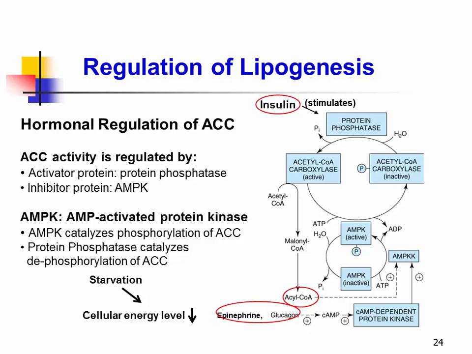So insulin increases phosphatase activity and leads to dephosphorylation of ACC, right? So then it activates ACC. So this is sort of the mechanism of how insulin regulates ACC. Is that something you're thinking about? No? Okay.